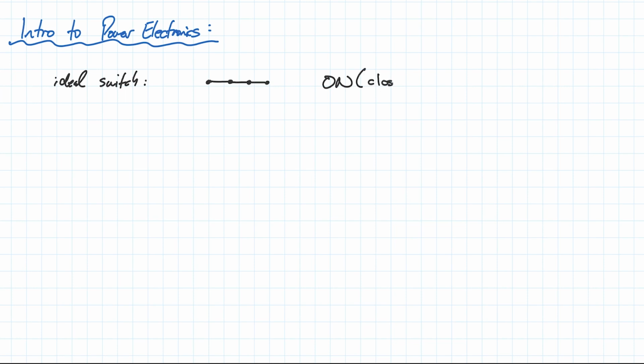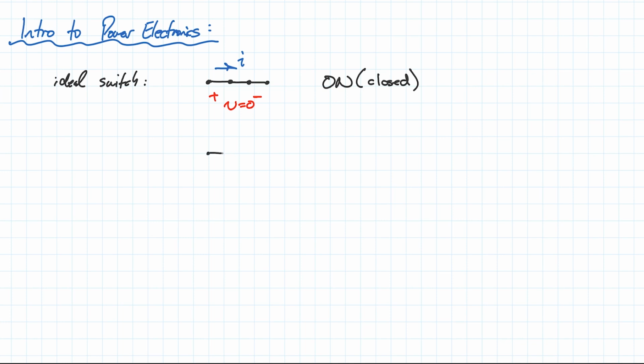It has a voltage across it, V equals 0, and it has a current through it, which we just call I. That current I is governed by the rest of the circuit, but the thing to note is that there's a 0 voltage drop across the switch when it's on or closed.